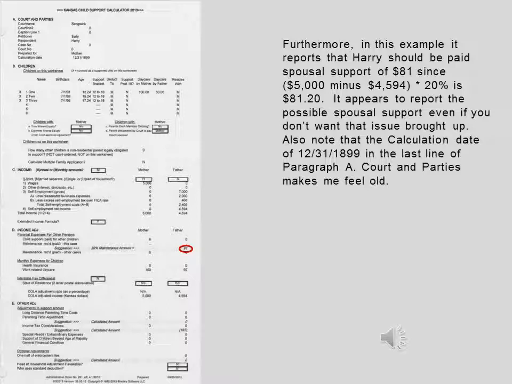It appears to report the possible spousal support, even if you don't want that issue brought up. Also note that the calculation date of December 31st, 1899 in the last line of paragraph A, Court and Parties, makes me feel old.